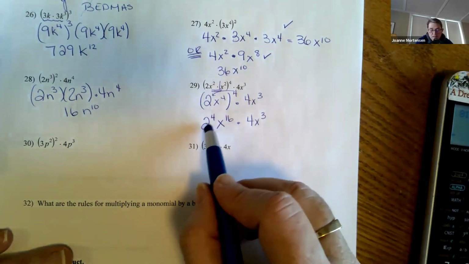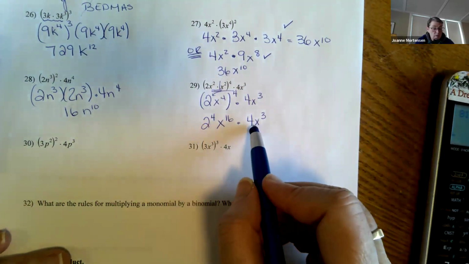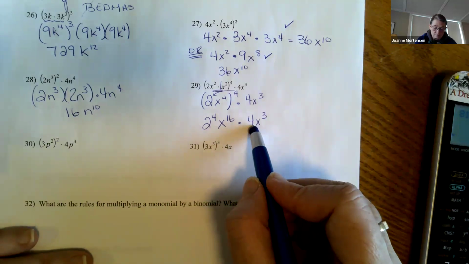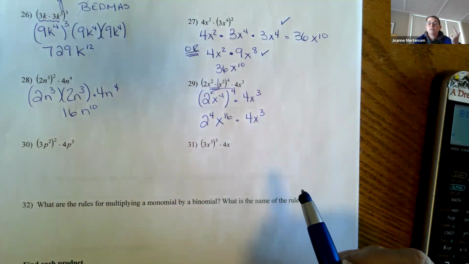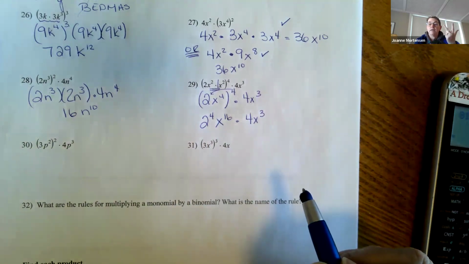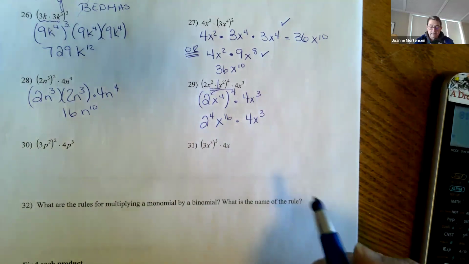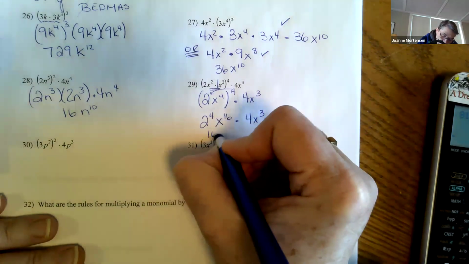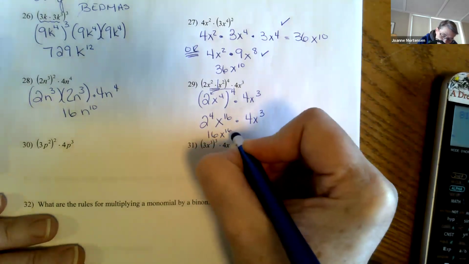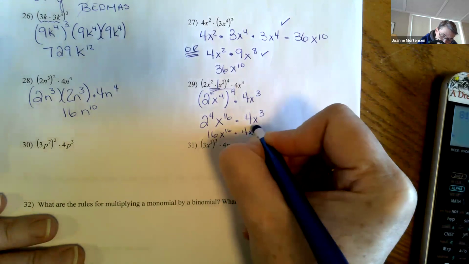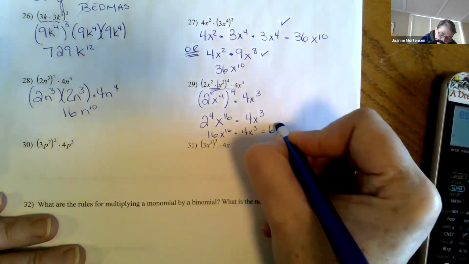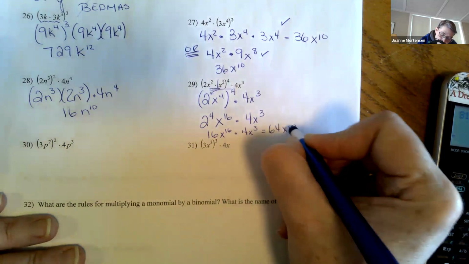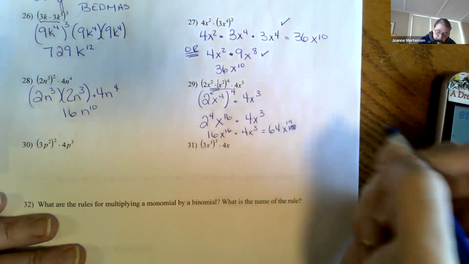I need to deal with this exponent here before I multiply it by the 4 over here. So 2 times 2 is 4 times 2 is 8 times 2 is 16. 16x to the 16 times 4x cubed. 16 times 4 is 64. x to the 19. Oopsies. 19 up there.